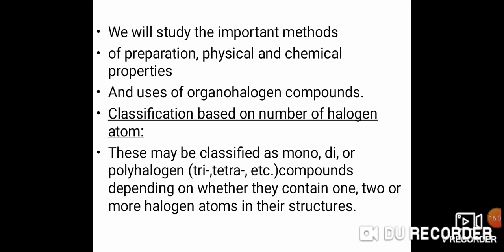So, here for our simplification, we will study one method based on the number of halogen atoms. Based on the number of halogen atoms displaced or substituted, the haloalkanes or haloarenes can be classified as mono, di, or polyhalogen compounds.